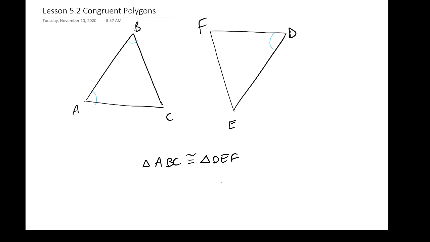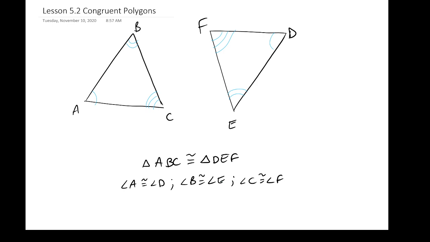Therefore, those guys are going to be congruent. And last but not least, C and F, being the last of the vertices that are listed there, are going to be congruent. So our angles, because we have three angles in our congruence statement, are going to be A congruent to D, B congruent to E, and C congruent to F.